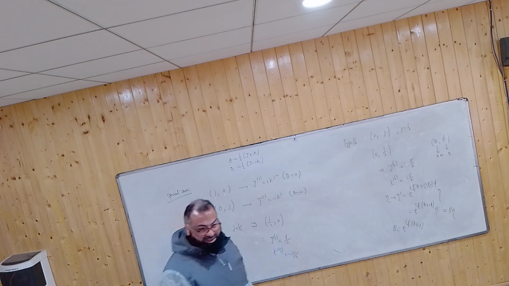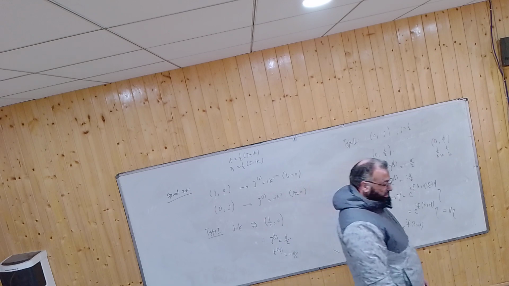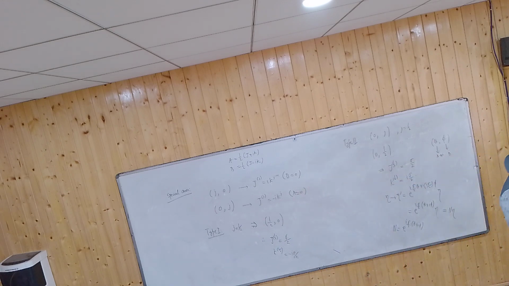The Lorentz transformations here are affected by m and n. So we have two types of matrices, m and n, which define the Lorentz transformation on these two types of spinors. Clear?